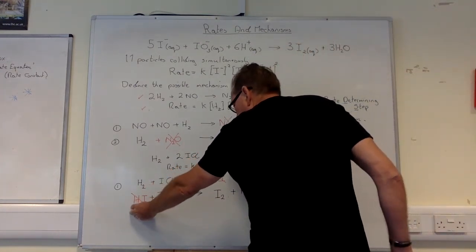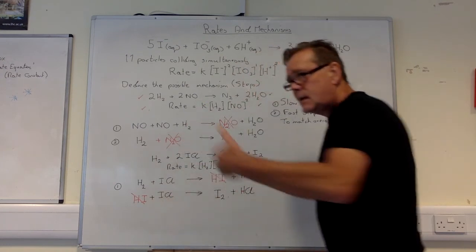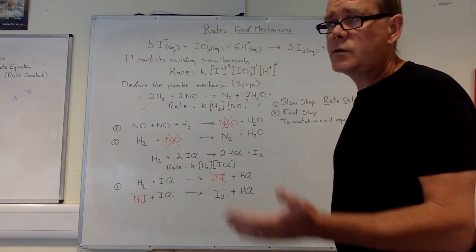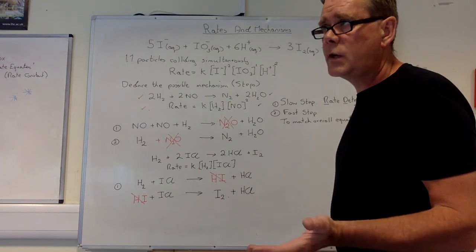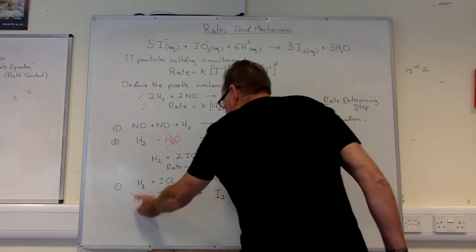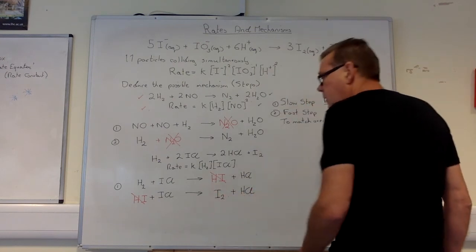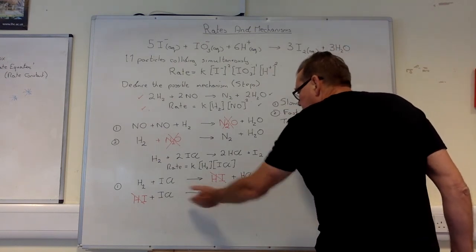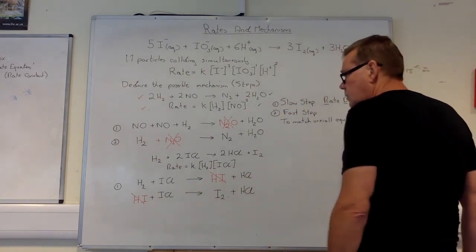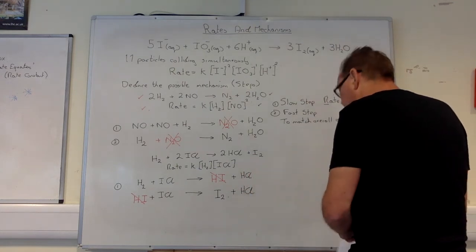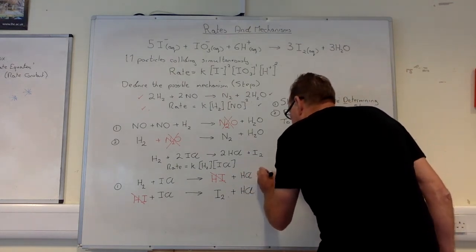But HI, it doesn't cancel out in the experiment, it just cancels out in terms of the overall equation. HI plus ICl will make iodine and will give me HCl as my second product. That's your first step, the rate determining step.